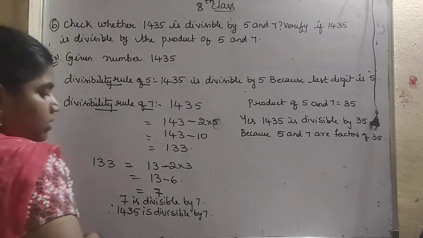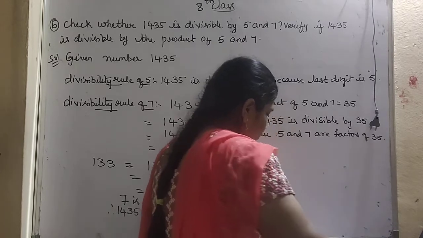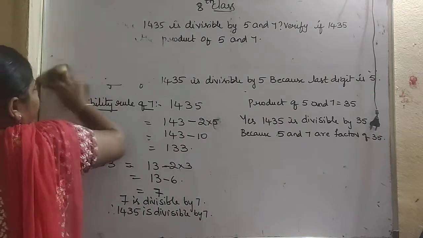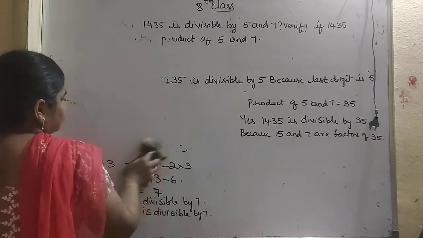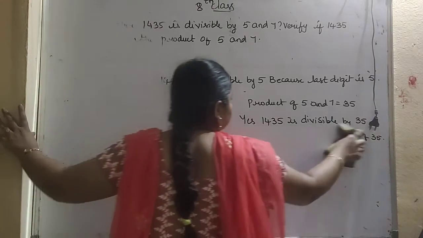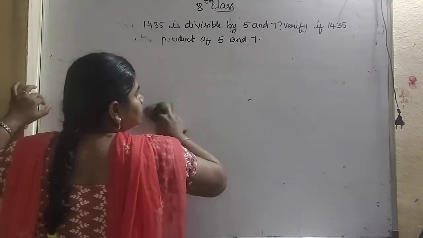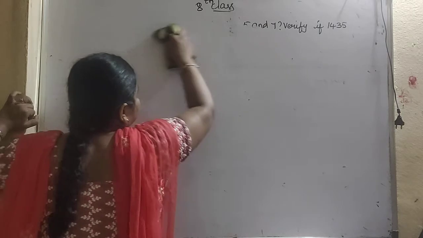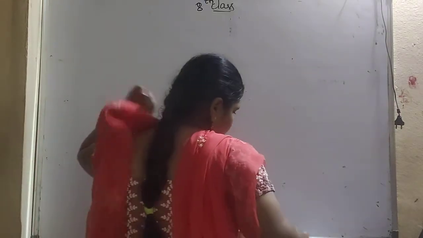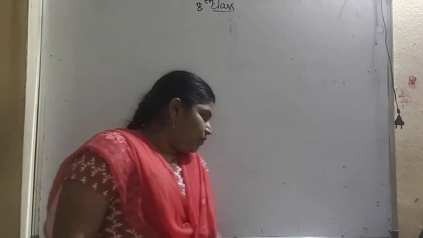So next is the seventh one. The seventh question: check whether 456 and 618 are divisible by 6 or not.